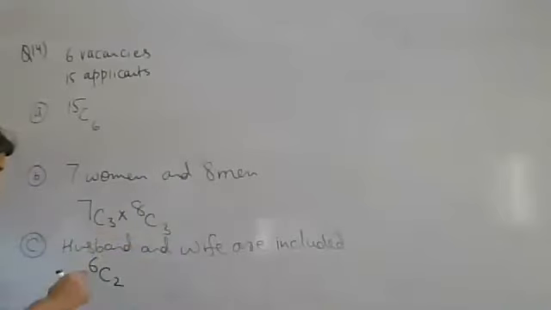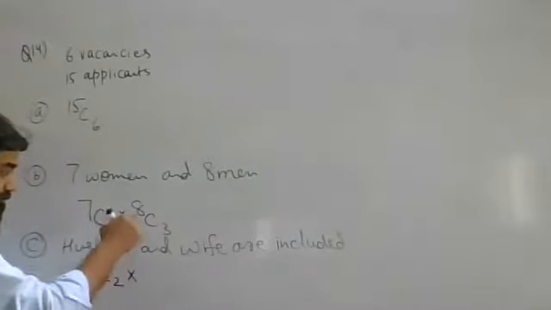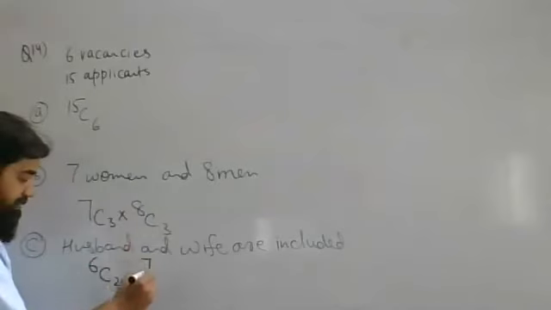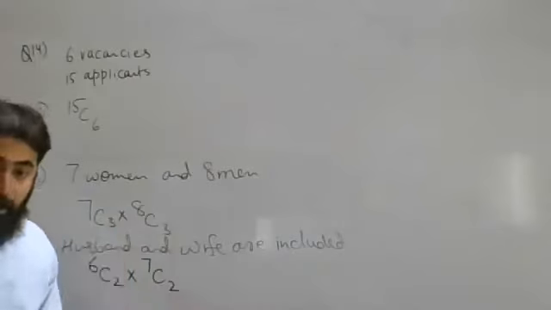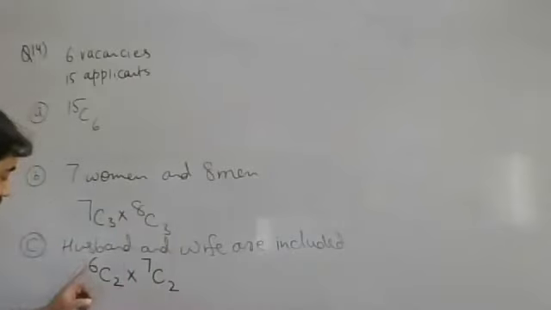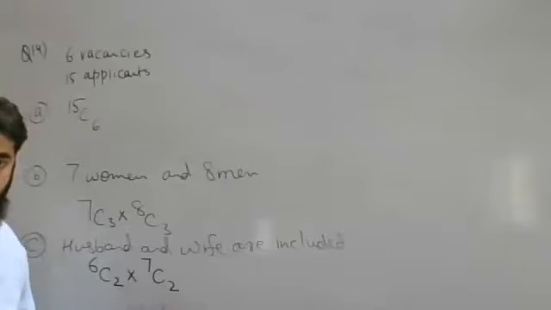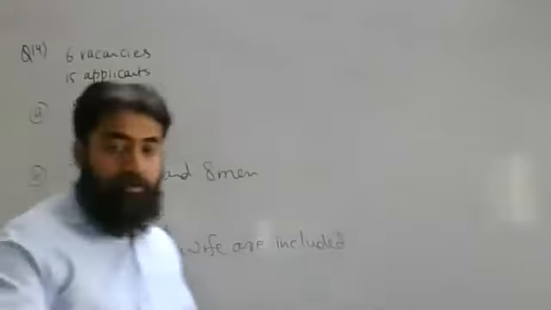So now women are 6, and vacancies are 2. Into this will become 7C2. Because husband and wife are included, it means 6C2 into 7C2, and this will be your final answer for this part.